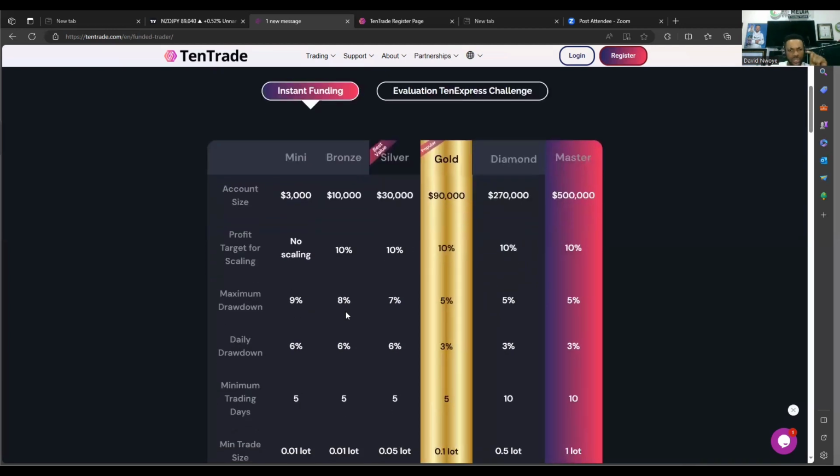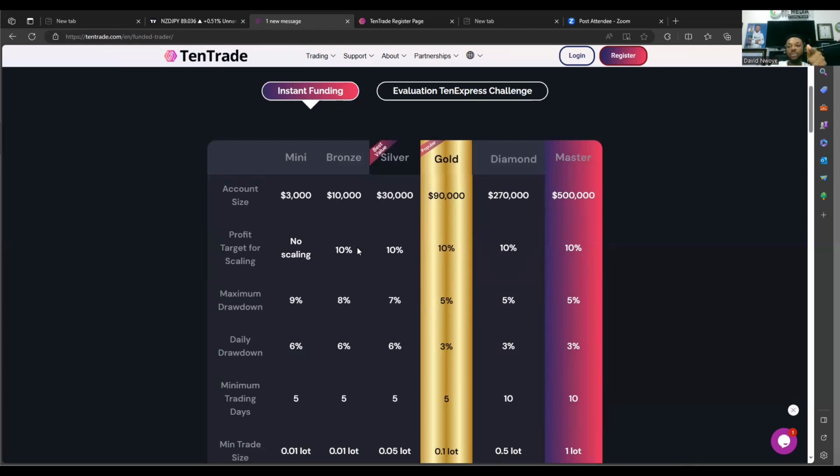Now, what does this scaling mean? It means that as you make $1,000, $700 is for you, and $300 goes to Tentrade. So instead of you withdrawing that $700, Tentrade can actually upgrade your $10,000 to a $30,000 with the $700 that you made.